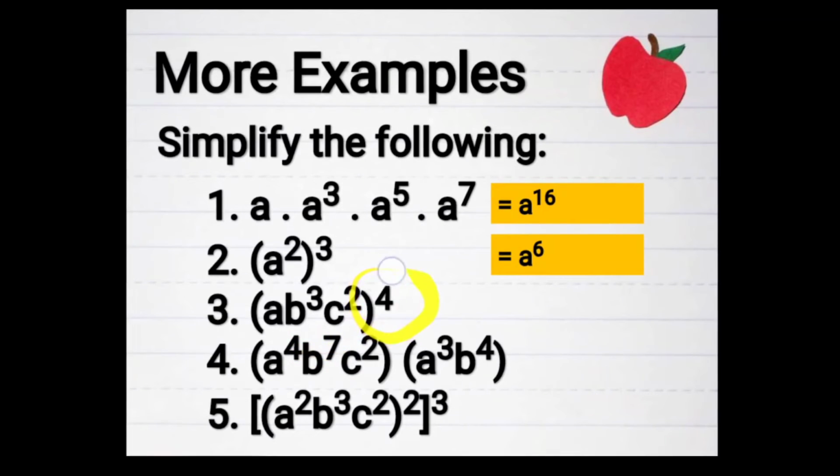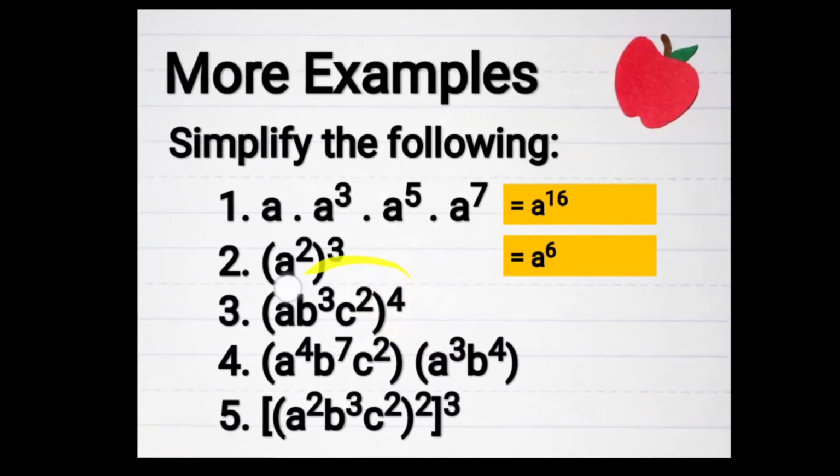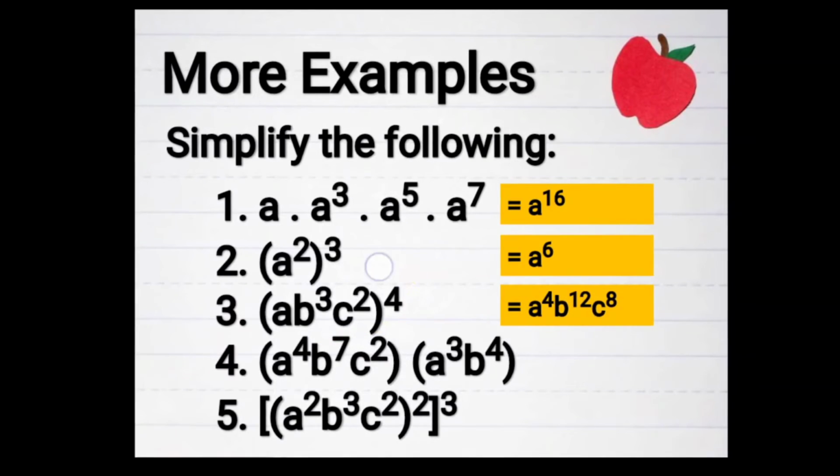Then we have an exponent outside the parentheses. What you are going to do is distribute the exponent outside the parentheses to the exponents inside the parentheses. So the exponent of a is 1. That's why we have 4 times 1 is 4.